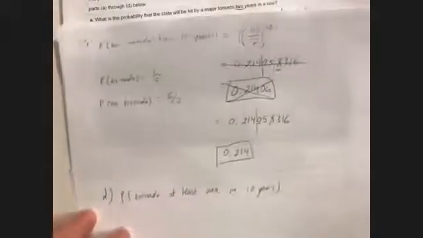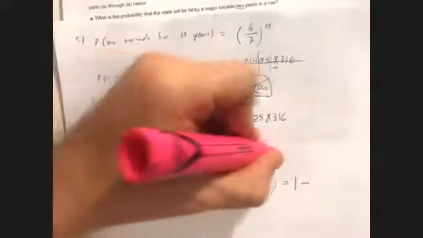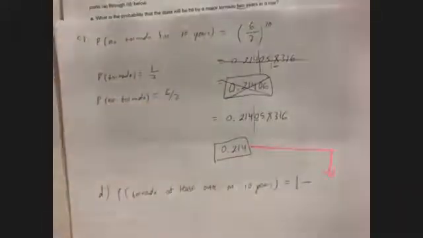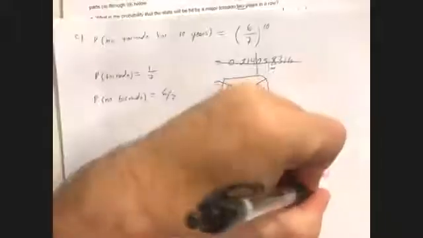All you got to do on this one is do 1 minus the number you got in part C. The number I got in part C was no tornado for 10 years.